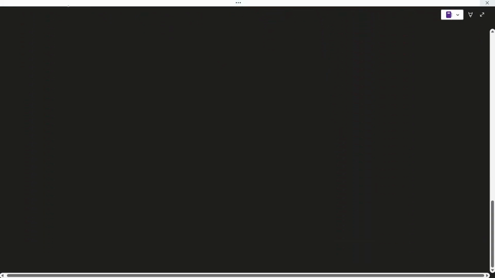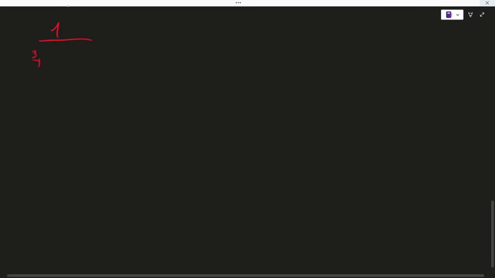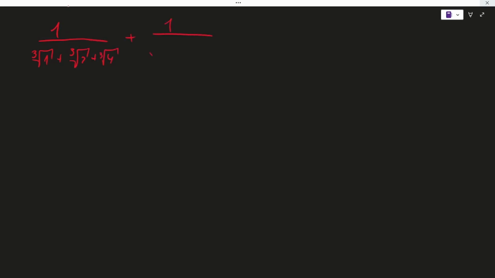For example, if we are given 1 divided by cubic root 1 plus cubic root 2 plus cubic root 4, plus the same thing, cubic root 4 plus cubic root 6 plus cubic root 9, and so on, until we reach 1 divided by cubic root 100 squared plus cubic root 100 times 101 plus cubic root 101 squared.